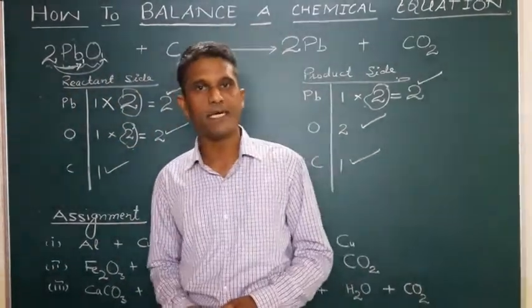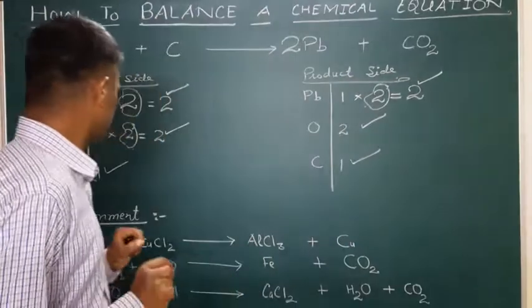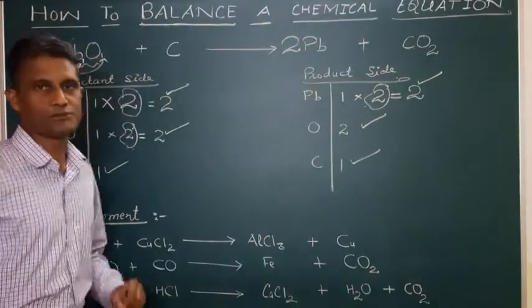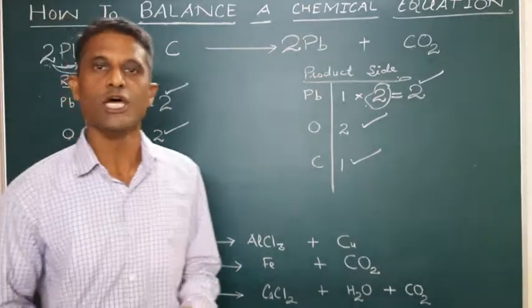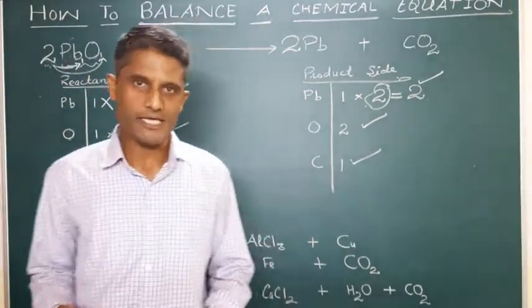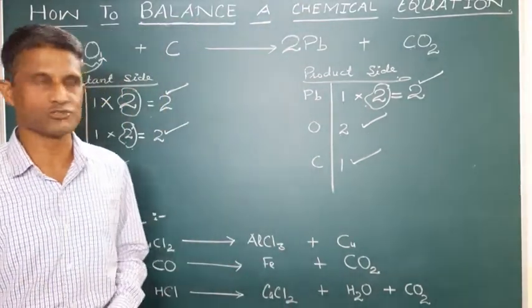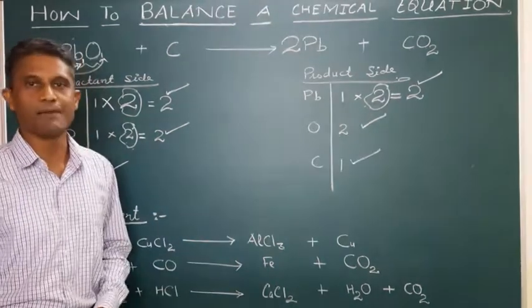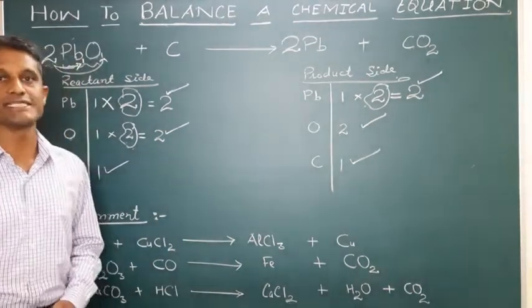And in conclusion, if there is any outstanding doubt in your mind, let me know in the comment section. So that's it as far as the balancing of a chemical equation is concerned.